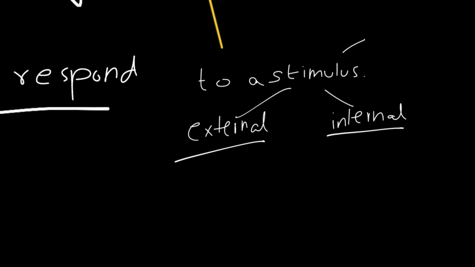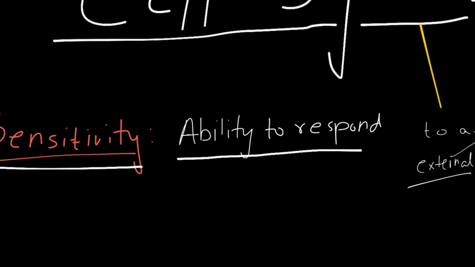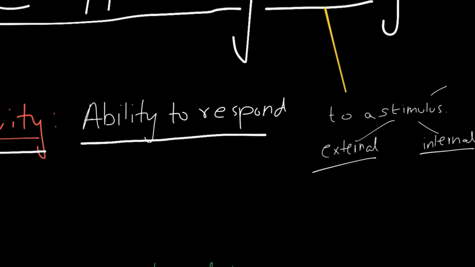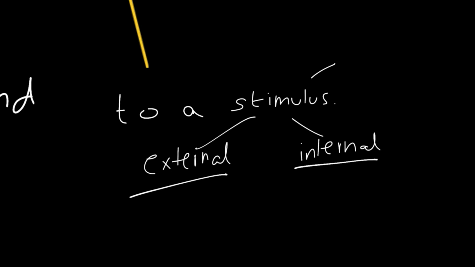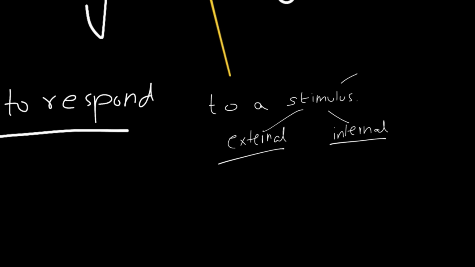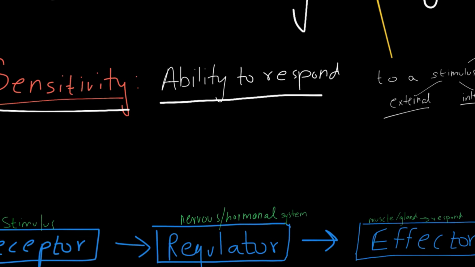That's a reflex action. How it is done is through the nerve impulse being transmitted to the brain to help you respond to the specific stimulus, which is feeling heat, right? So this is how sensitivity works.